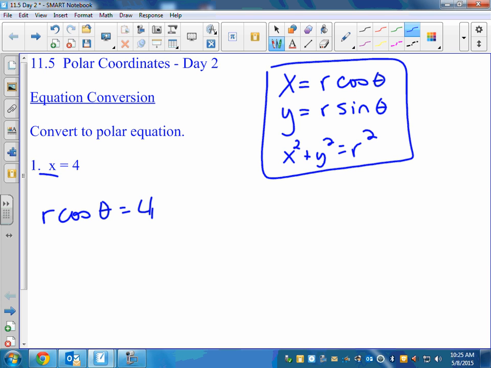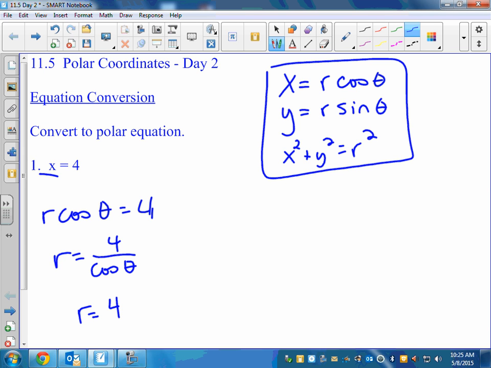So if I was going to solve for r, do you agree I could just divide this cosine over? Can I do anything else to make that look better? Cosine's on the bottom. Could I bring it up and make it... Oh, over.